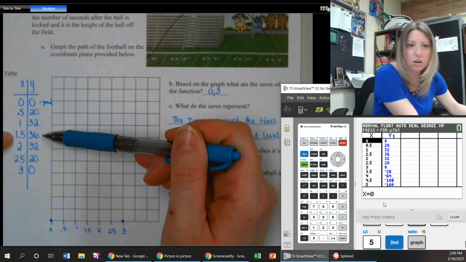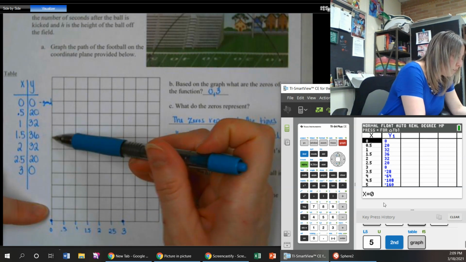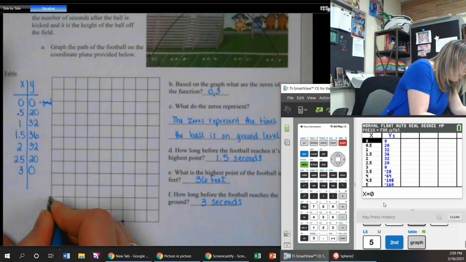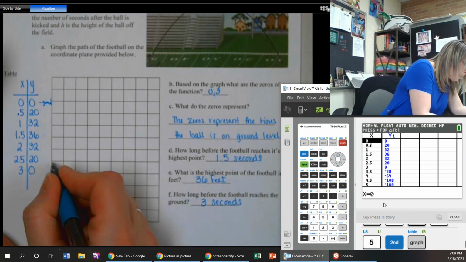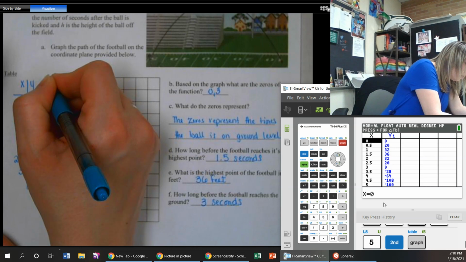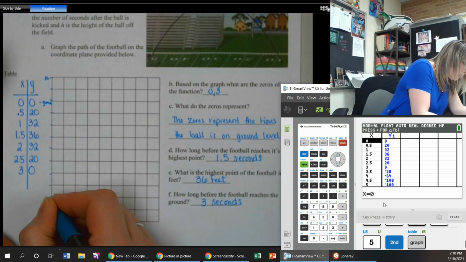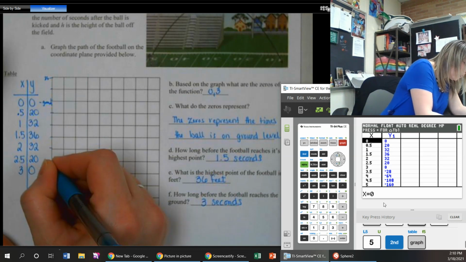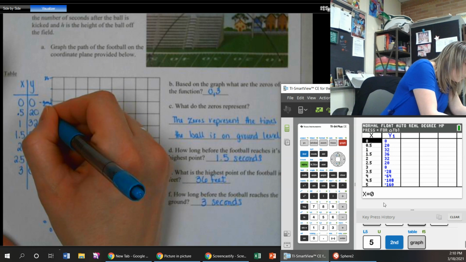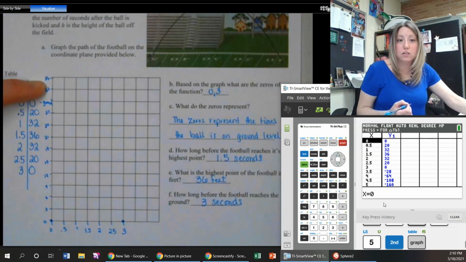So let's see what we can go by. 1, 2, 3, 4, 5, 6, 7, 8, 9, 10, 11, 12. I can go by 3s, right? And that'll get me to 36 at the very top. Starting with 0 down here, right? 3, 6, 9, 12, 15, 18, 21, 24, 27, 30, and 33, and 36.